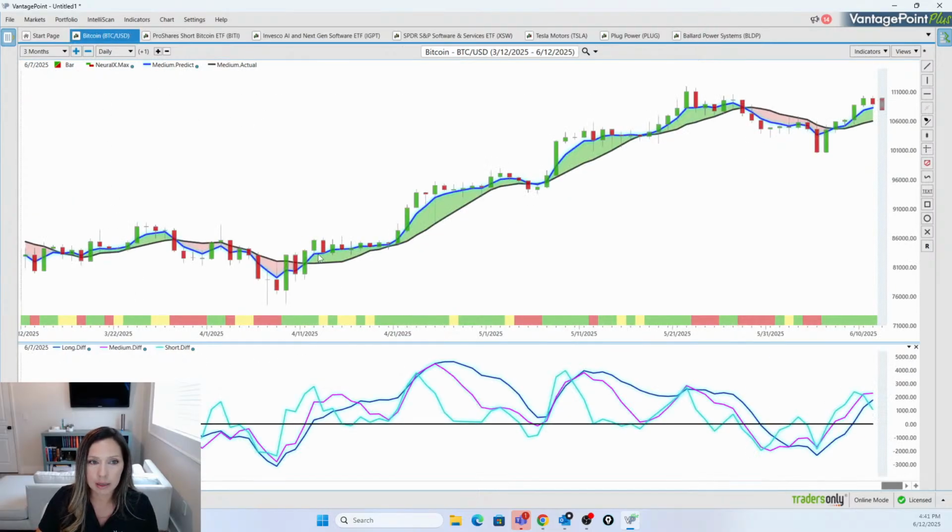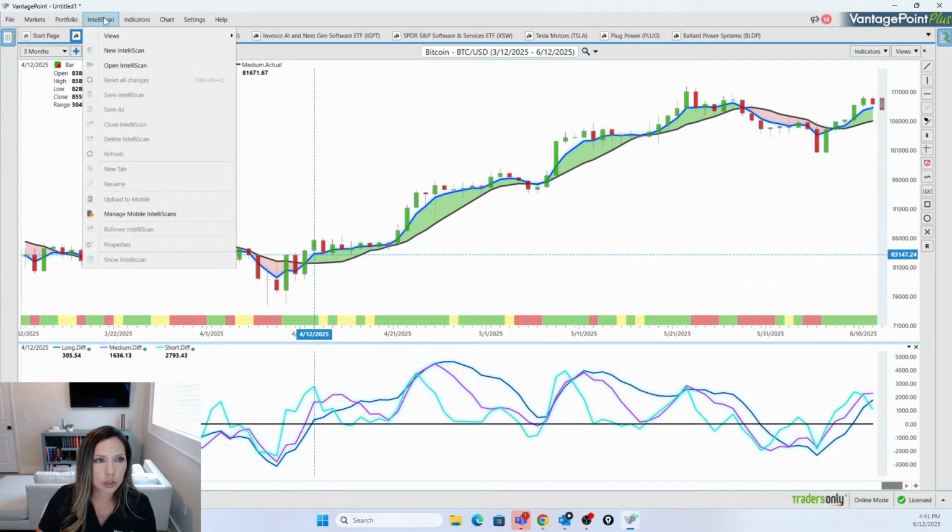If you want to find something where we had that really strong move in Bitcoin, we'll just go straight into our IntelliScan. So again, this is how we find these opportunities in the markets. And you can scan ETFs, stocks, Forex pairs, you can also scan any market that VantagePoint forecasts for.